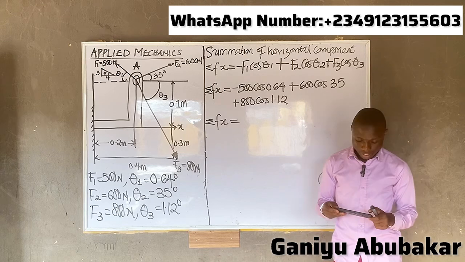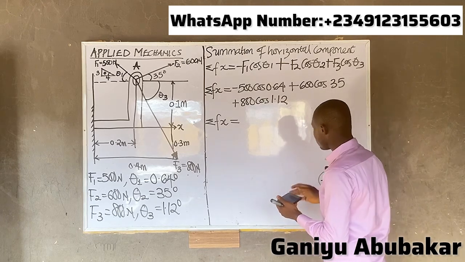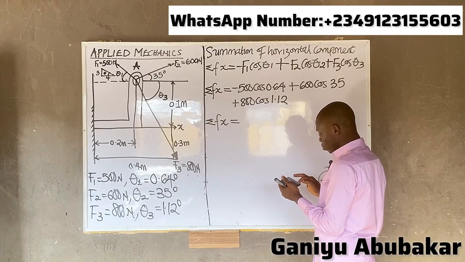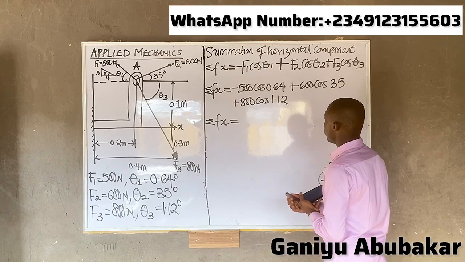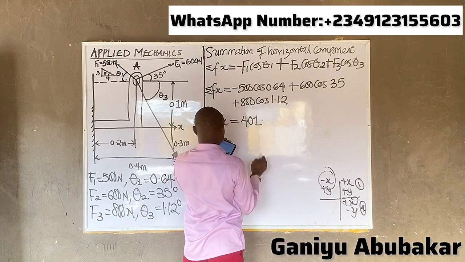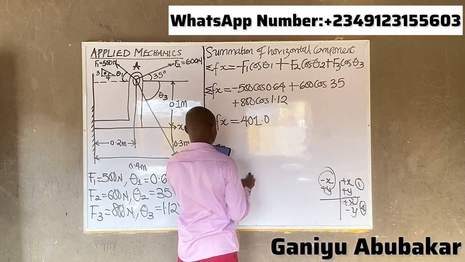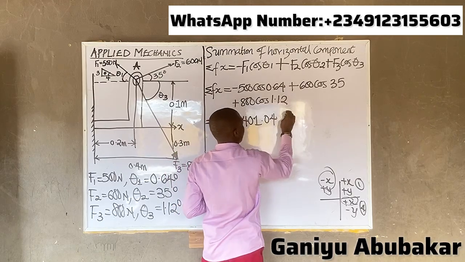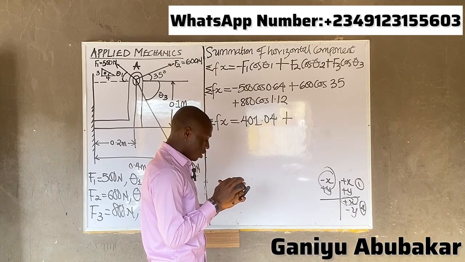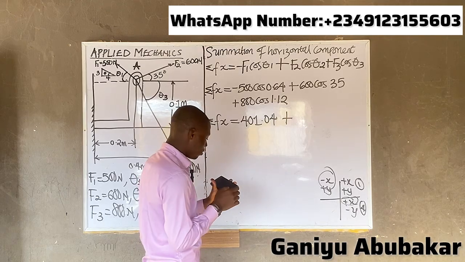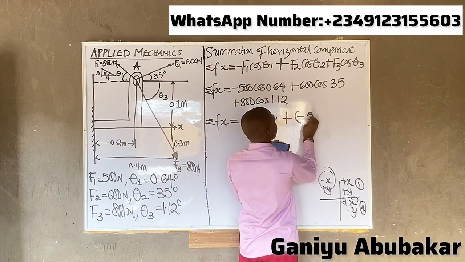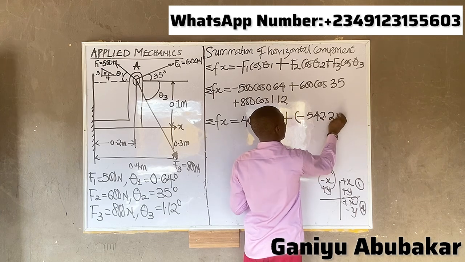If I punch this value, what do I get? Punching 500 cos 0.64, this one gives about 401.04. Plus, if I punch 600 cos 35, this gives about, in brackets, negative 542.21.